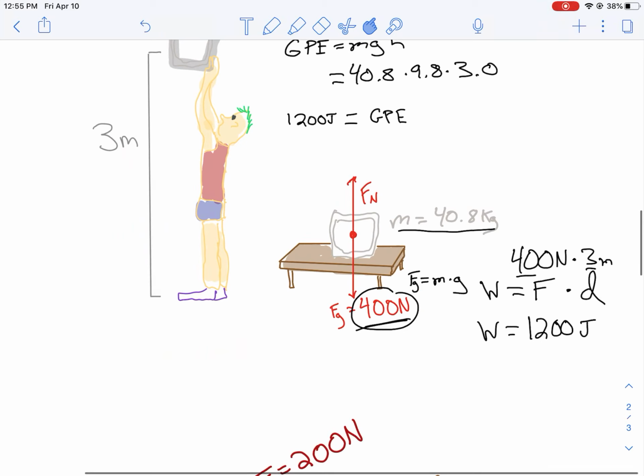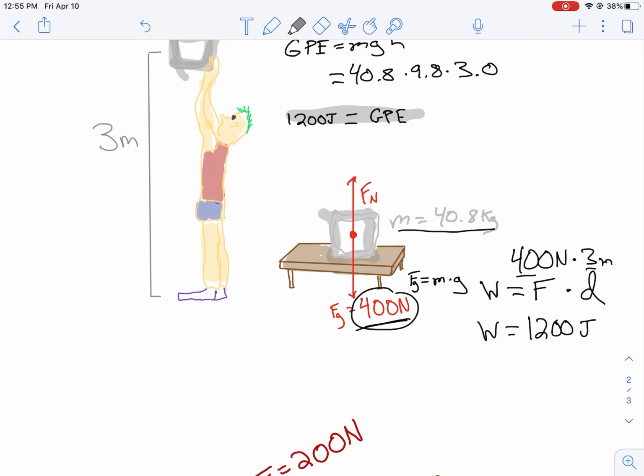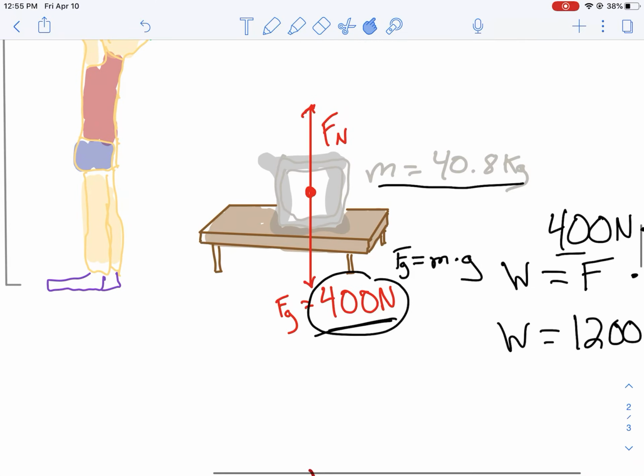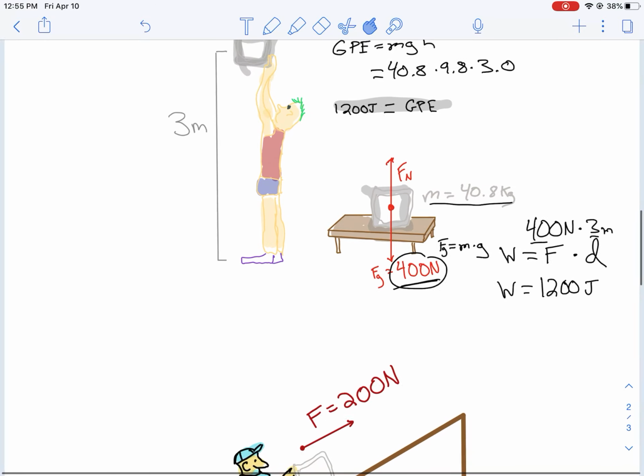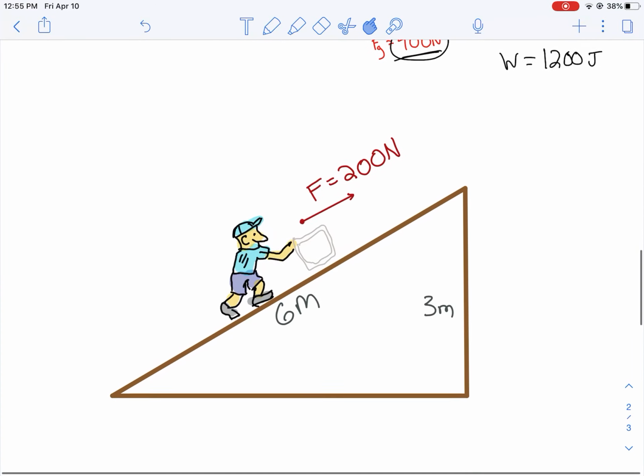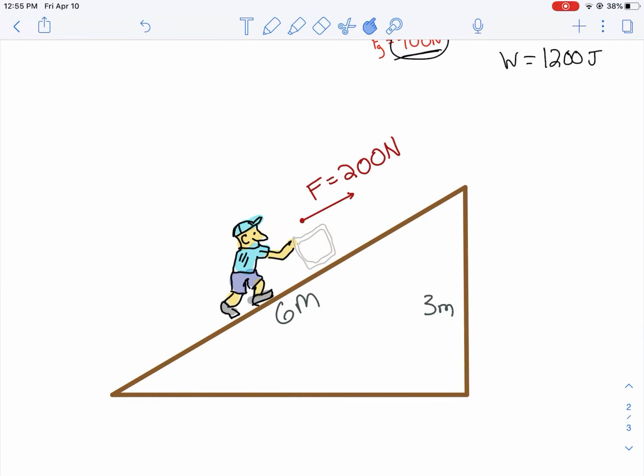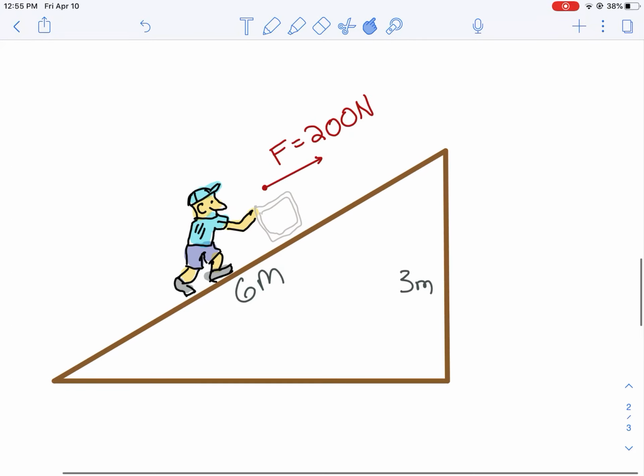You can think about it as the gravitational potential energy that the ice has up here, or you can think about how much force you've got to exert on this object to push it to 3 meters. And in order to lift an object, you've got to be lifting it by its weight, which is its mass times little g.